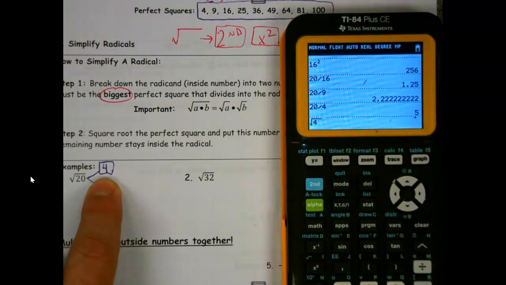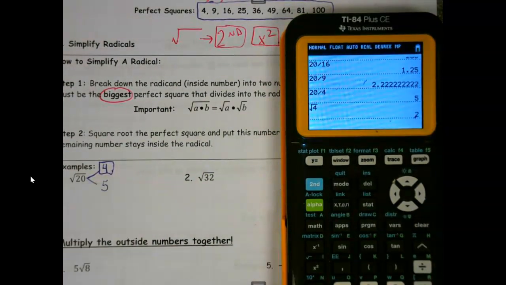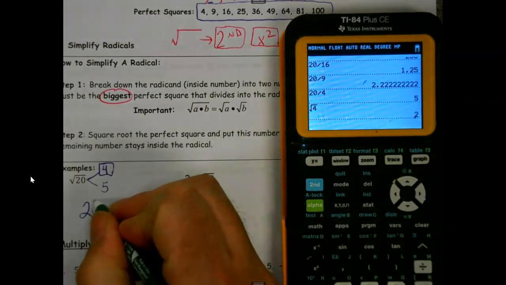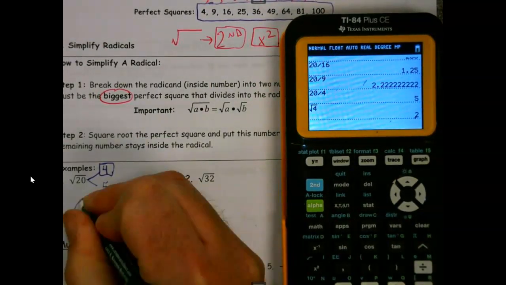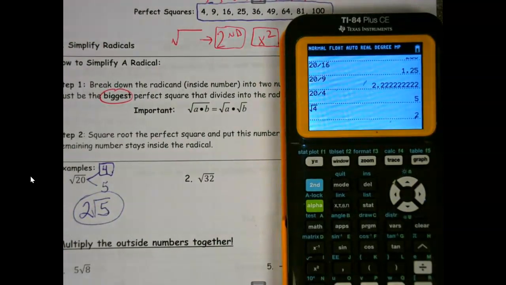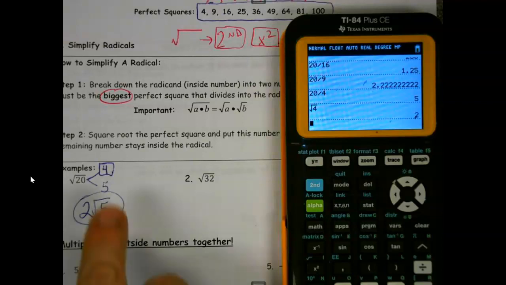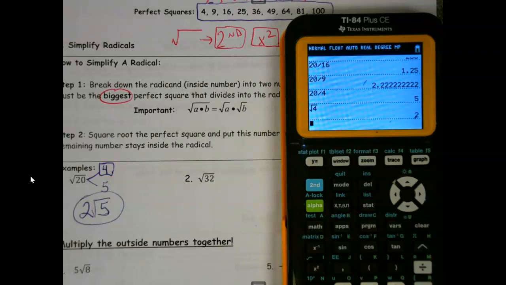Just the purple one, because that's going to come in nice. So what happens now is I end up with 2 times the square root of 5. We did the square root of 4, the square root of the perfect purple is what we're looking for.